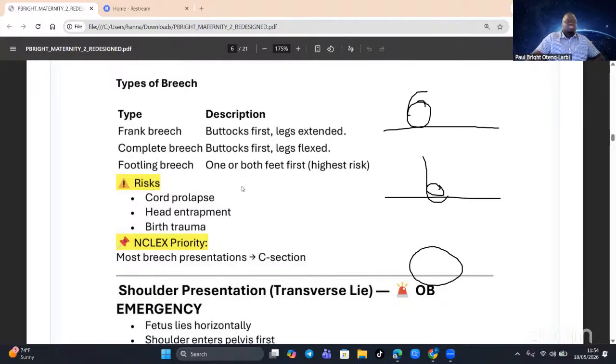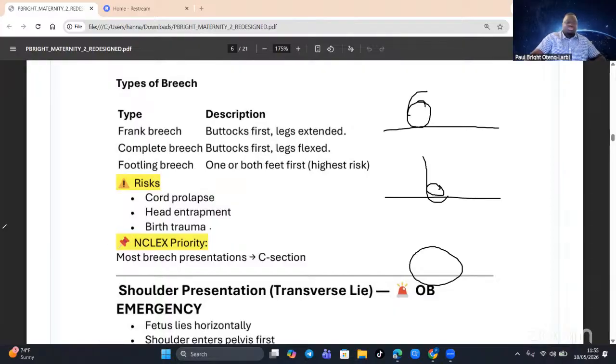So what happens? There can be cord prolapse. There can be head entrapment. There can be birth trauma, which happens a lot. Imagine you are living in a clinic in the village and a mother comes with, some mothers will stay home even when contraction starts.